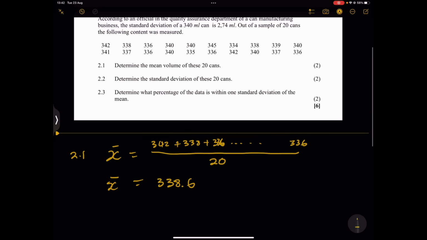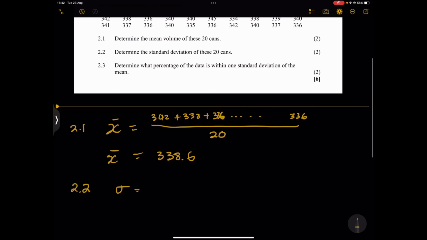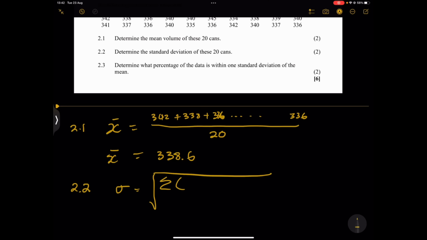Then to calculate the standard deviation, remember, when you want to calculate it manually, the standard deviation is the square root of the sum of the data point minus the mean, squared, divided by n.